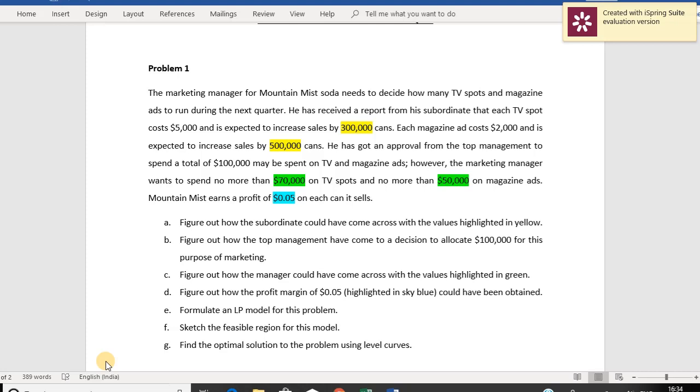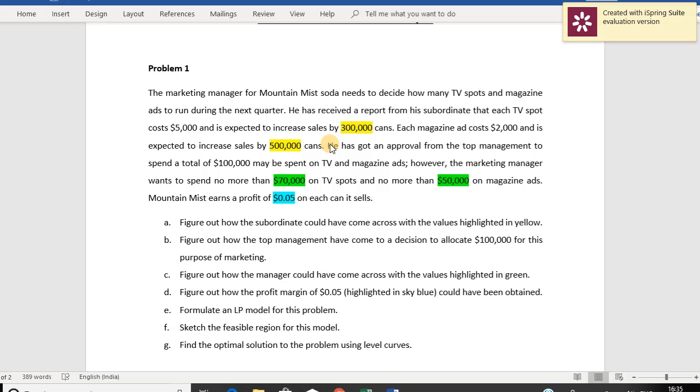Here I have a problem: a marketing manager from Mountain Mist Soda company needs to invest in ads, the number of ads on TV and the number of ads in magazine. He has a report that each TV ad costs $5,000 and can be expected to increase sales by 3 lakh cans, and each magazine ad costs $2,000 and is expected to increase sales by 5 lakh cans.